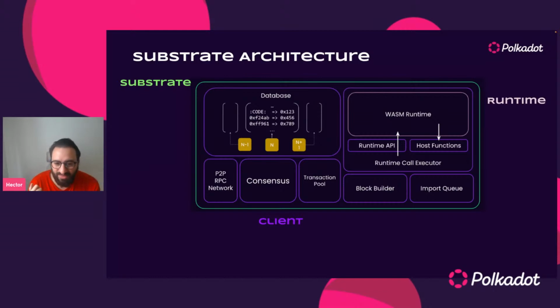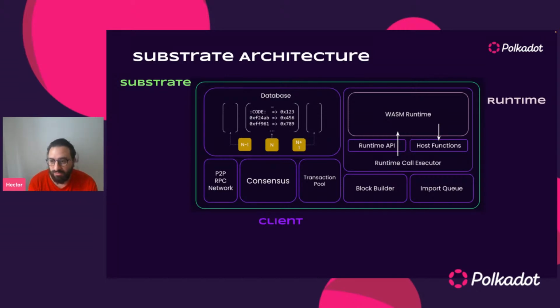You have a key-value database, which is where all the state of the blockchain is stored. Then you have the consensus part, the transaction pool, the block builder and the import queue. These are going to be important because we are going to review them in the code.